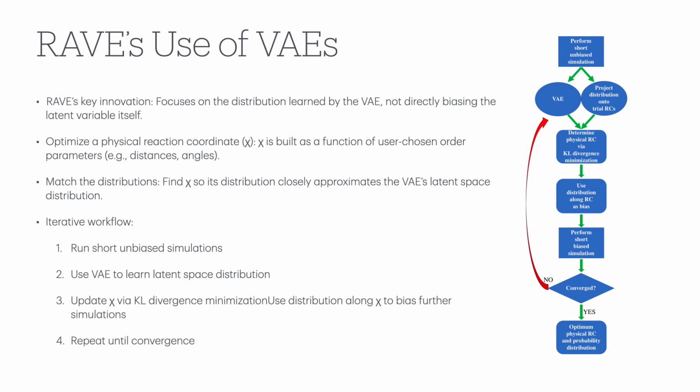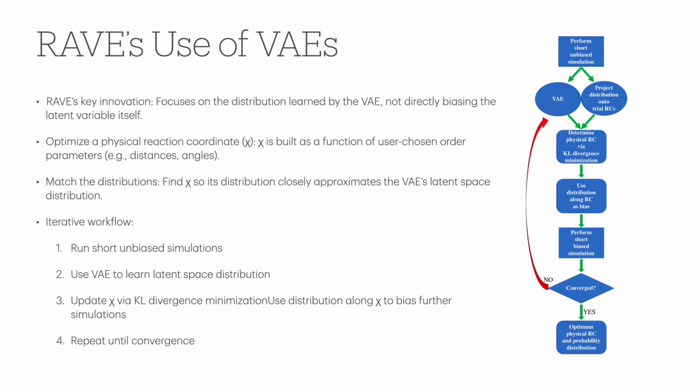Then we use the distribution along chi. So now we know this chi distribution. Now we can bias further simulations once we know our chi distribution, our reaction coordinate. And then we repeat this cycle until convergence. So then we go back, we use our VAEs to learn the latent space distribution and keep going. So we're biasing while also discovering reaction coordinates.